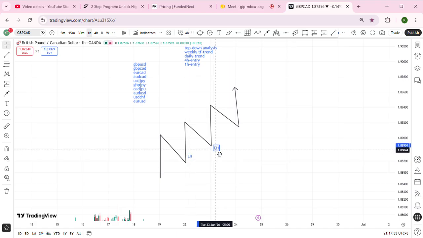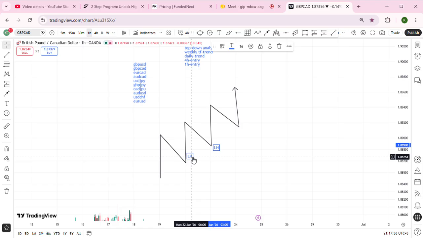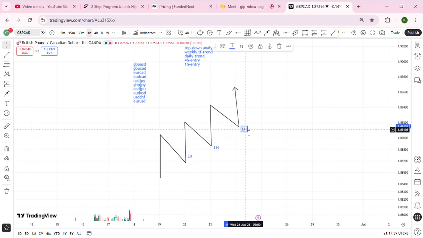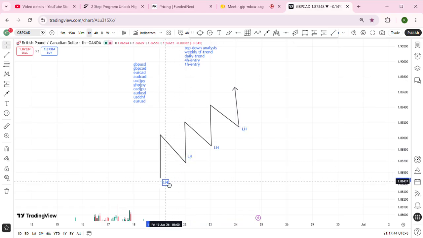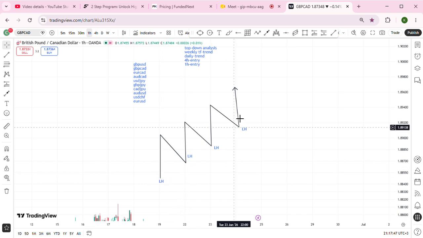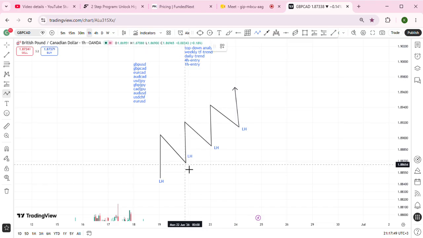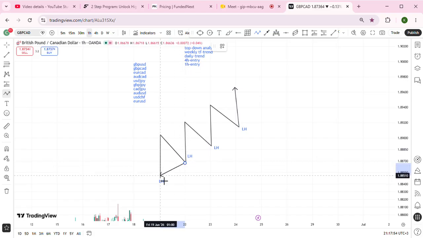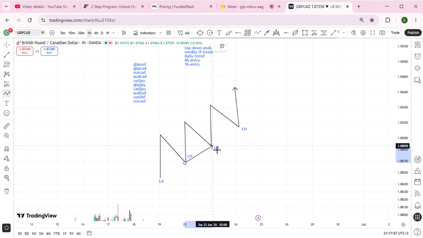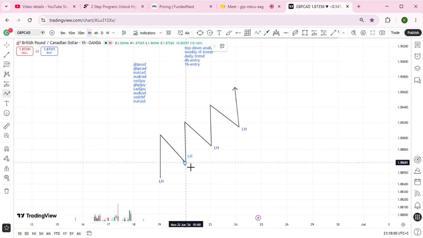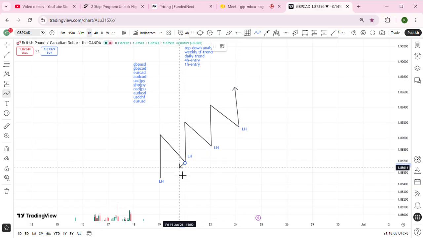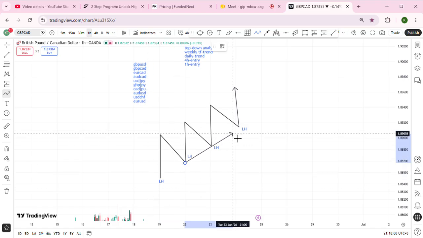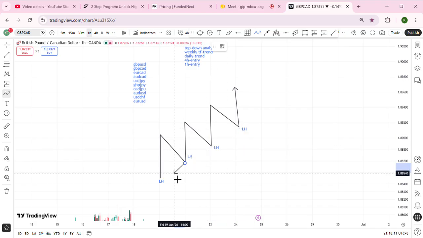Lower highs simply means the low you are going to be having is at a high point compared to the previous one, right? If you check on them well, you will see that this low is at a high point compared to the previous one. When you look at this, it is at a high point compared to the previous one. Also, this one is at a high point compared to the previous one.